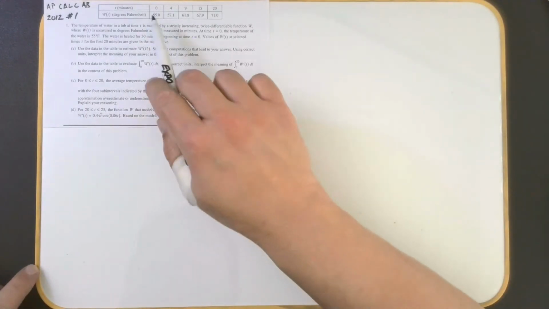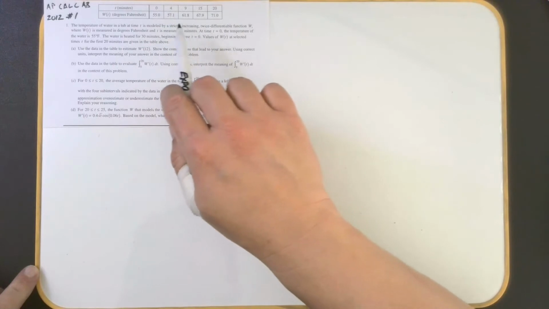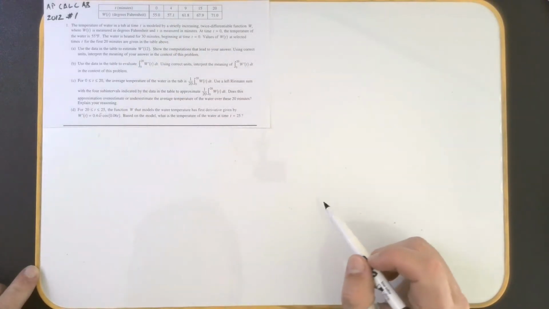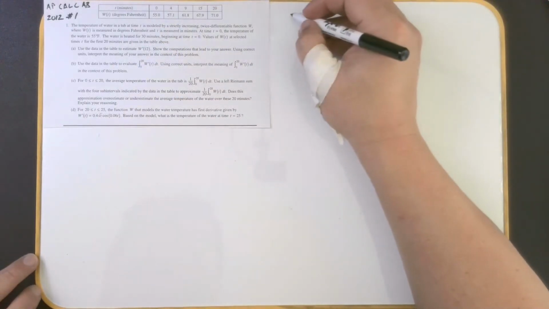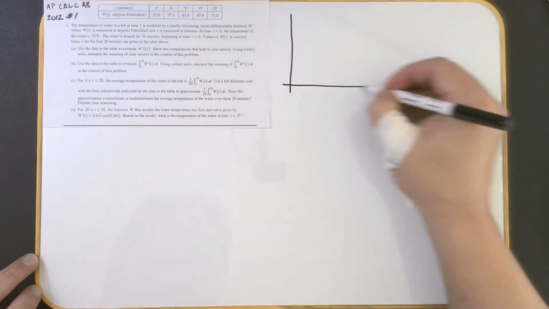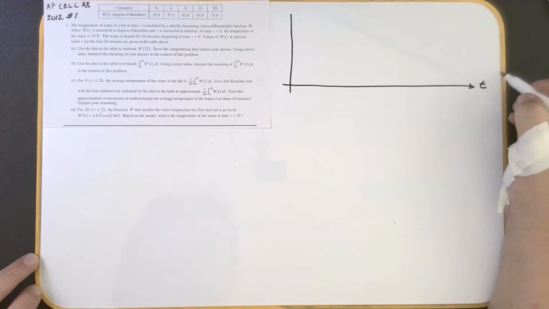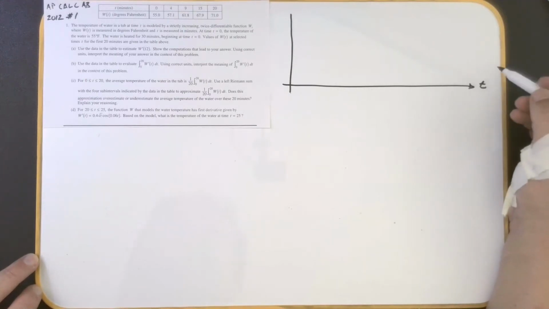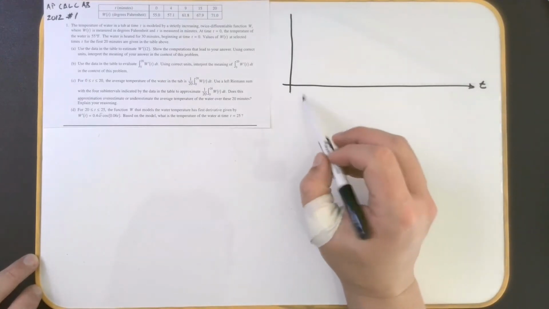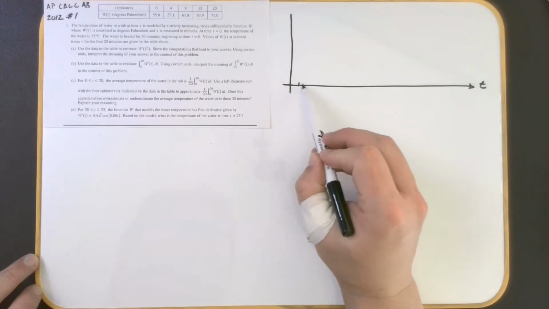We're going from 0 to 20 on time, and pretty short y values of just 55 to 71. So we'll jump up here, and our horizontal axis is time. We could probably fit all 20 in here.